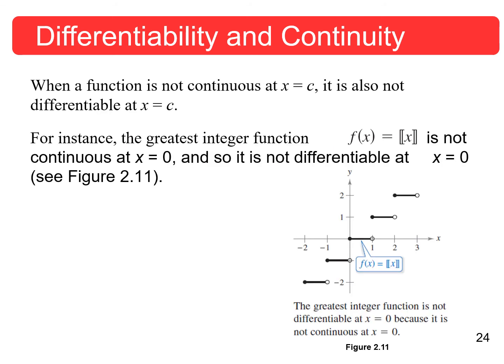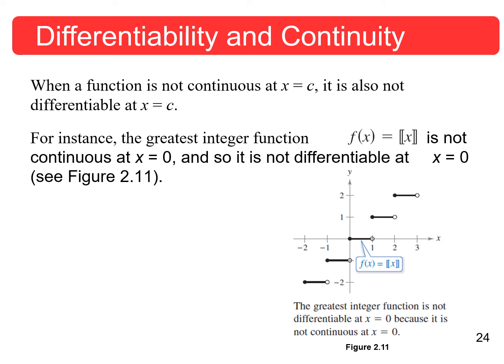Now, when a function is not continuous at c, therefore it is also not differentiable at x equals c. For instance, let's consider this greatest integer function, f of x equal to this symbol here. This is the symbol used to denote the greatest integer function. Note that this is not continuous at x equals 0. This is actually not continuous on all integers.